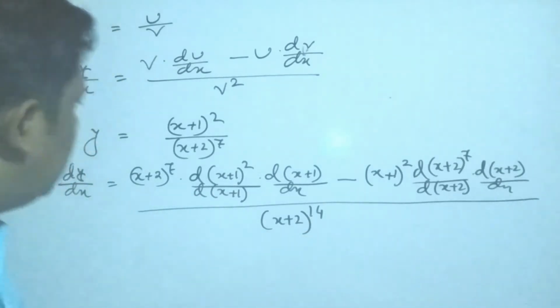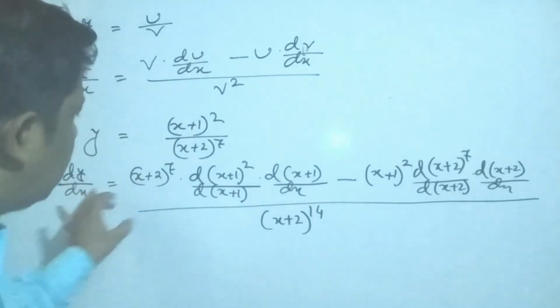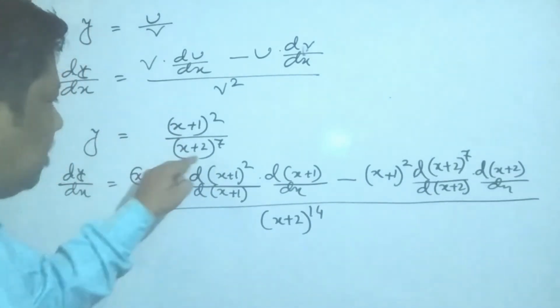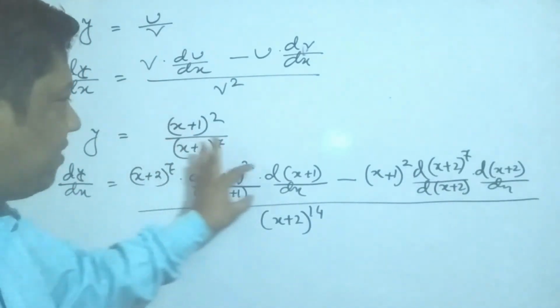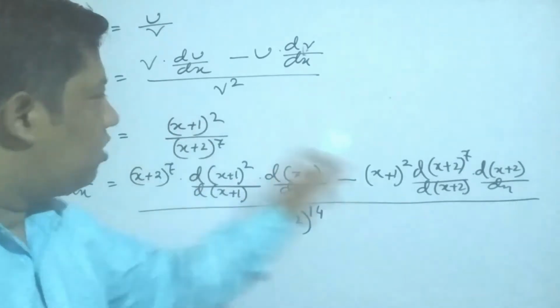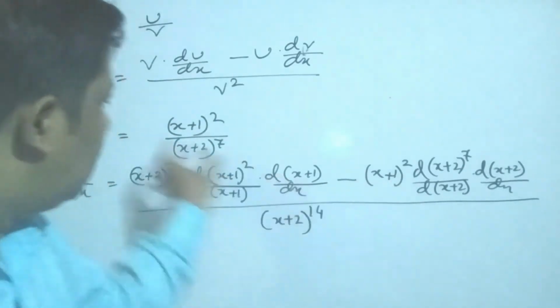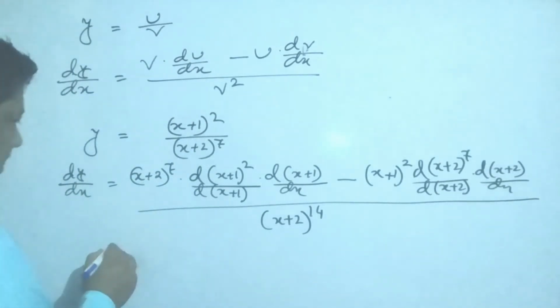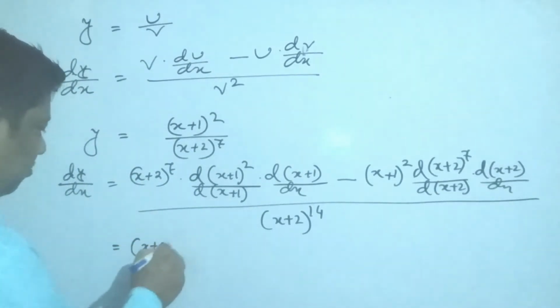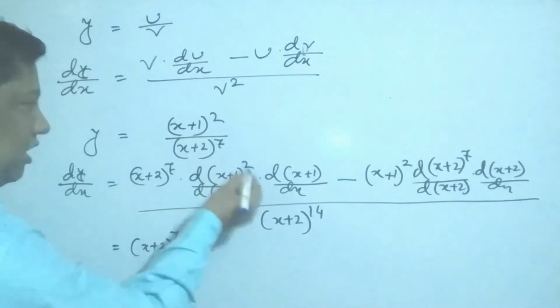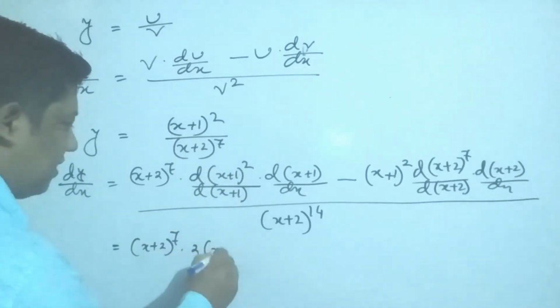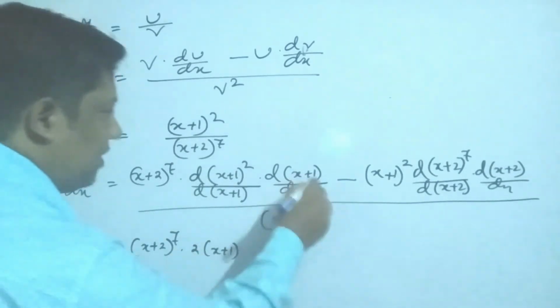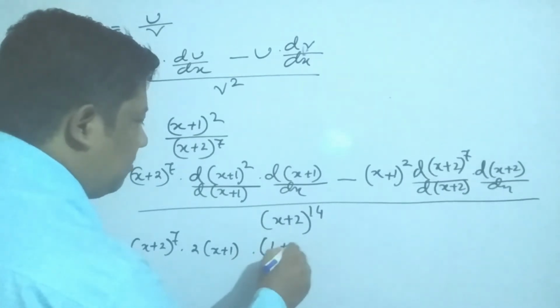So my students, look here, in these cases what you have to do: at first you leave the denominator and differentiate the numerator like this, minus numerator leave, denominator differentiate like this, and you get the result like this: (x plus 2) power 7, and this part comes first, 2 into (x plus 1). Next, differentiation of this part equals 1 plus 0.